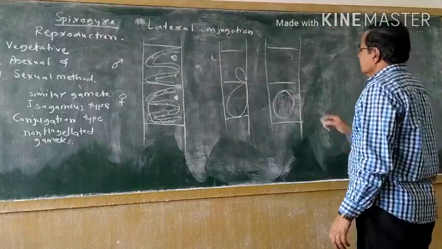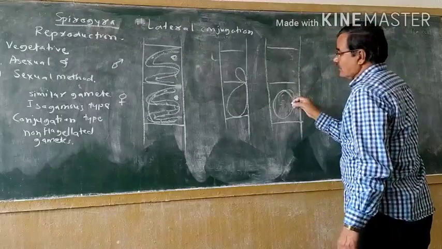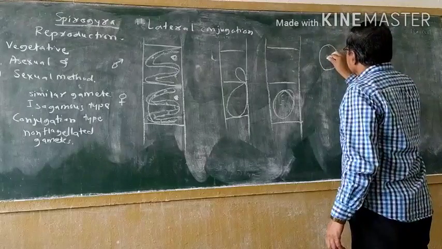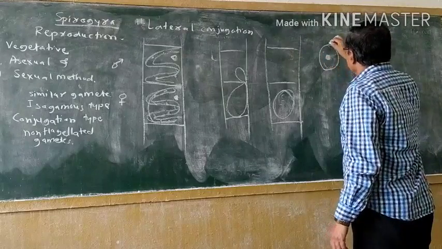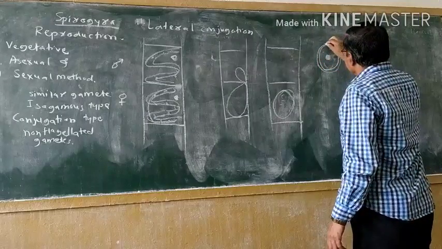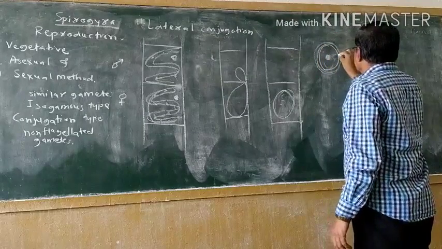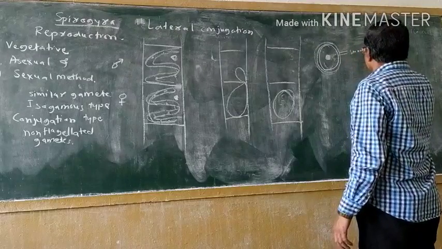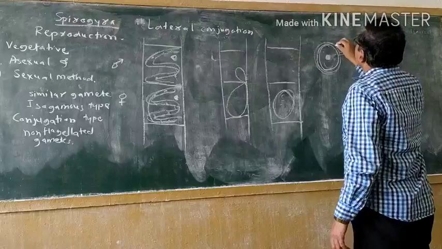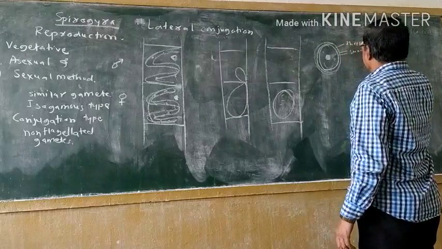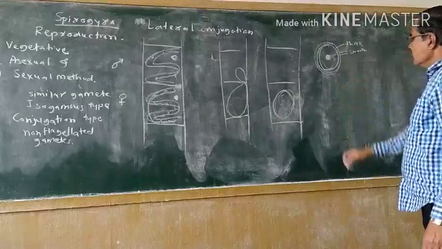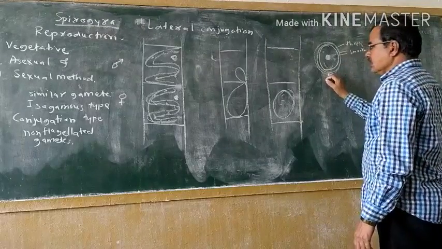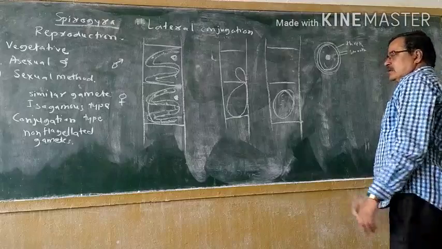The zygospore has a strengthened wall, is uninucleate, unicellular, with dense cytoplasm, and consists of a three-layer structure: outer and inner smooth thin walls, and a thick middle wall. This zygospore is non-flagellated. It undergoes germination under low temperature and moisture.